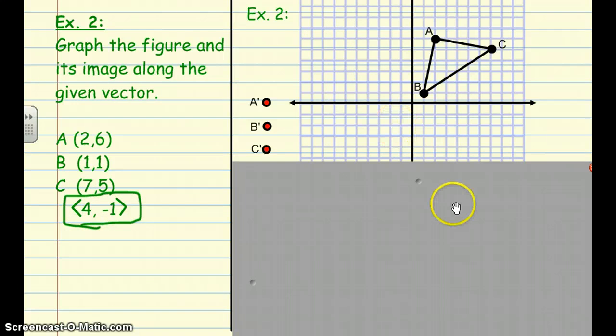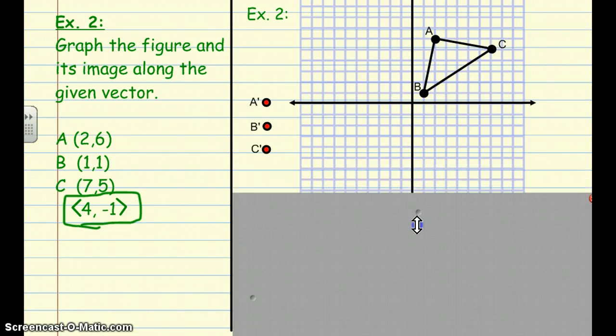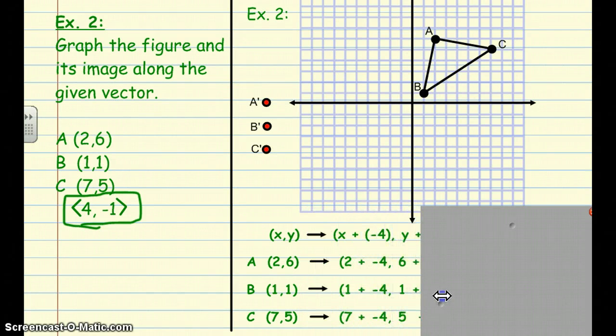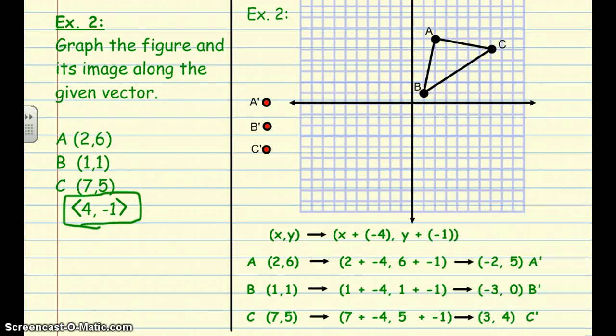Based on the description we had on the previous slide, the first thing we're going to do is take each of these coordinates, our XY pairs: (2, 6), (1, 1), and (7, 5). As that said, you're going to add -4 to the X coordinates and add -1 to the Y coordinates. So we end up getting for A prime, (-2, 5). B prime is at (-3, 0), and C prime is at (3, 4).